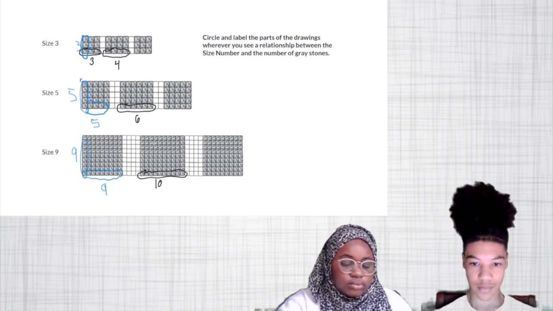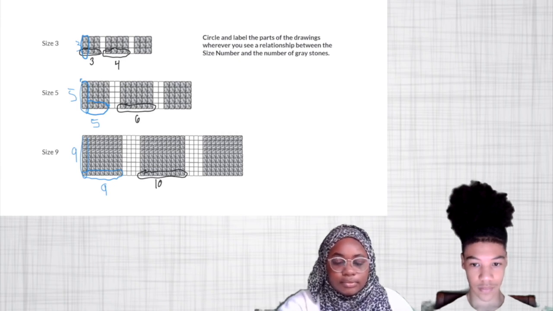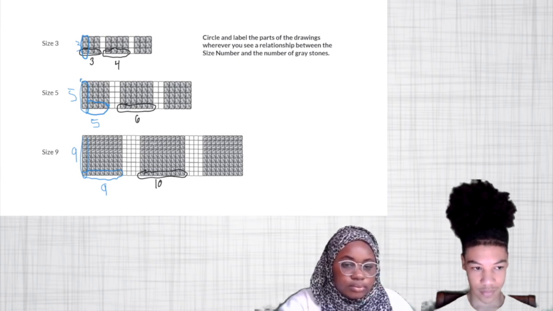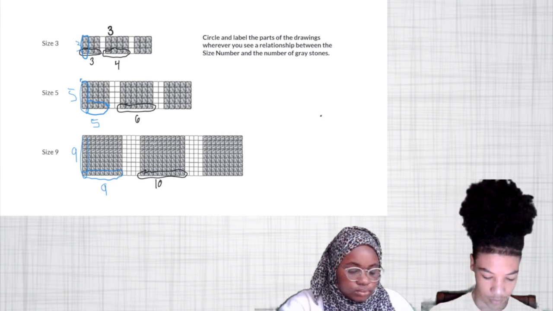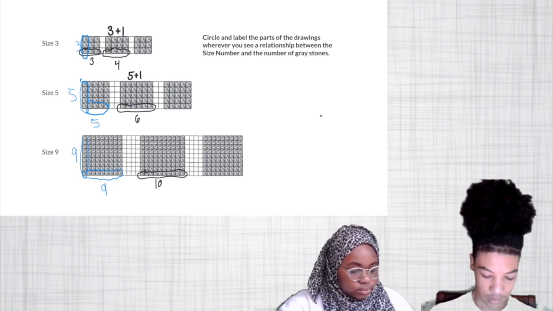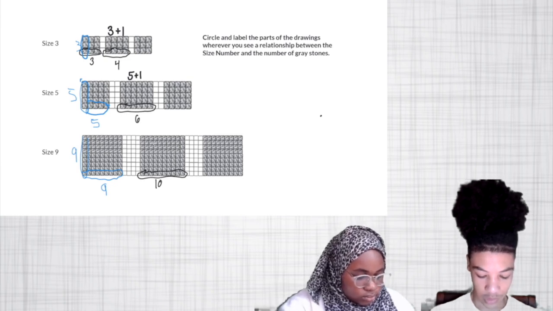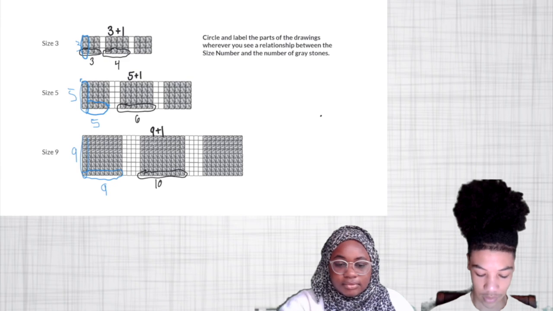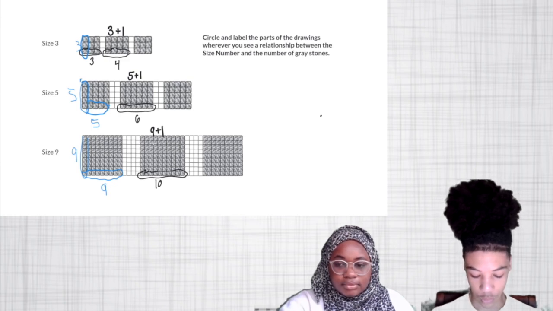Ah, cool. So could you write that so we can see the relationship of the 4, the 6, and the 10 to the 3, the 5, and the 9 for one of them? Can you tell us about that? So it would be adding the size number plus 1 gray tile. And that would give us the new number of tiles in the second set of gray stones.